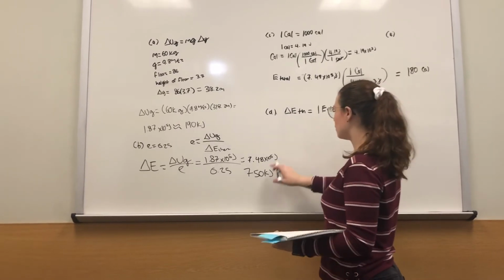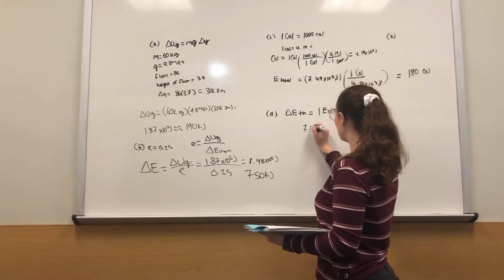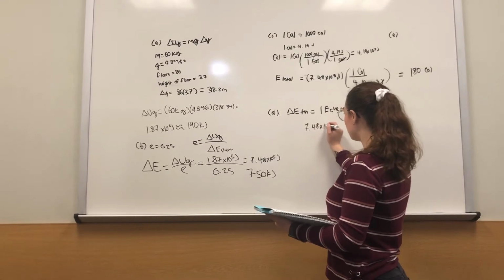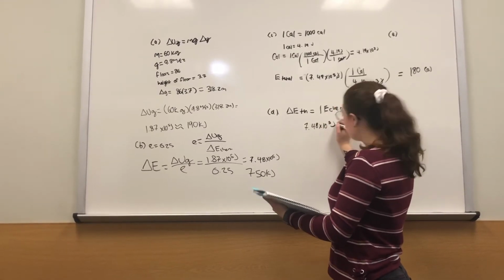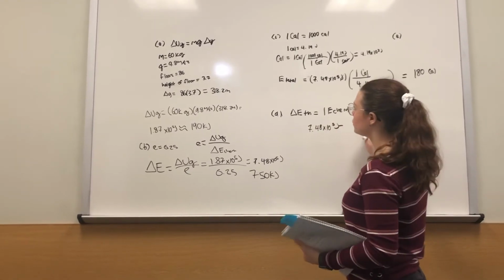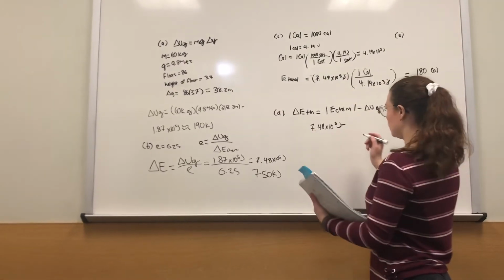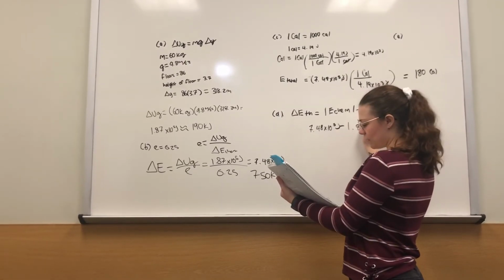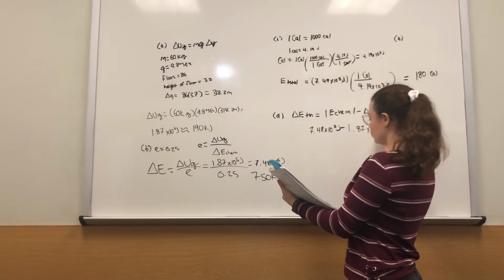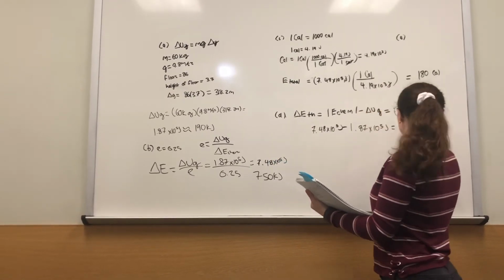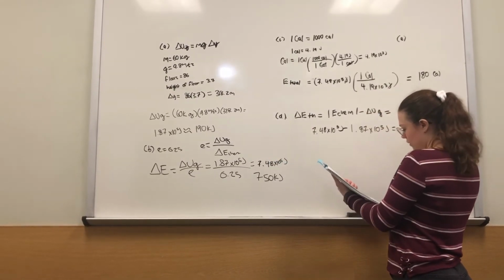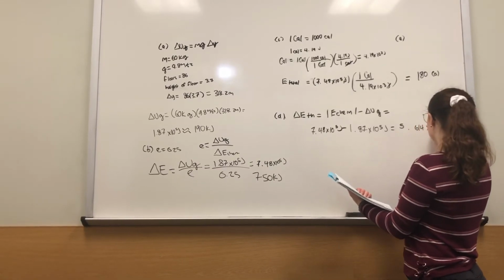So our E chem was 7.48 times 10 to the 5th joules. And then our change in gravitational potential energy we found in part A was 1.87 times 10 to the 5th joules. So we get 5.614 times 10 to the 5th joules.